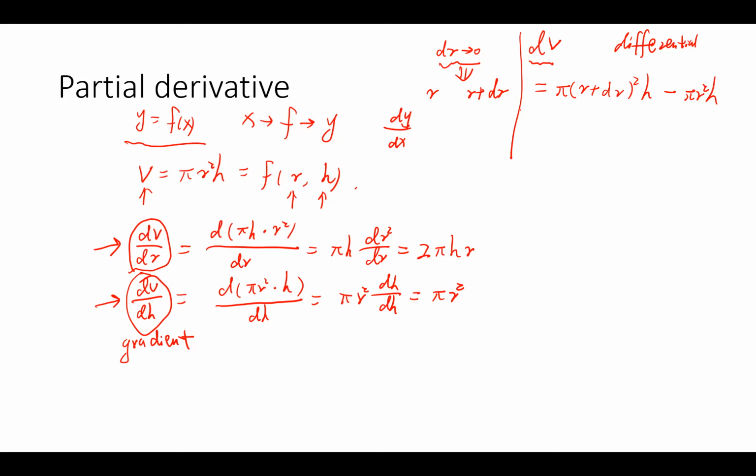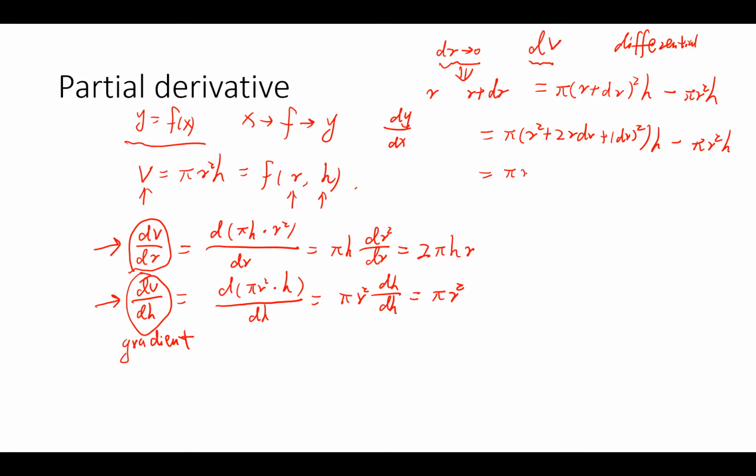All right, so we can just proceed by expanding it out. So we have r square plus 2r dr, then plus dr square. It's good to add a parenthesis so that it's more clear. And in parenthesis, we have h, minus pi r square h. So, keep moving on. We just multiply by h inside each element.